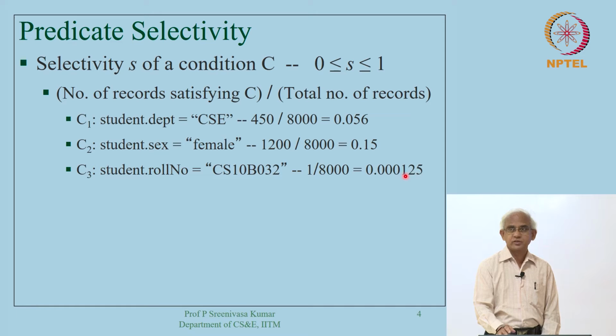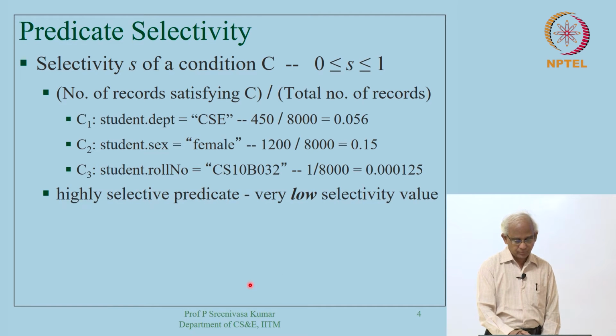Low values for selectivity mean that the number of records that satisfy the condition is low, so it is highly selective. Actually, the lower the number, the more selective the condition. Your condition is said to be highly selective if the value for selectivity is low.